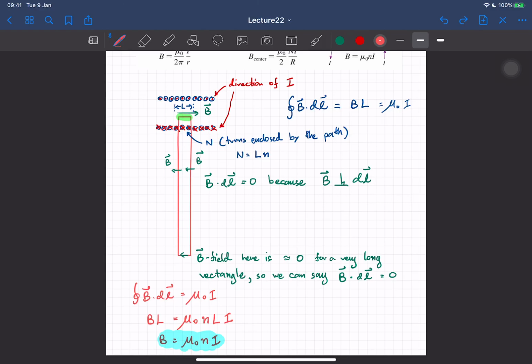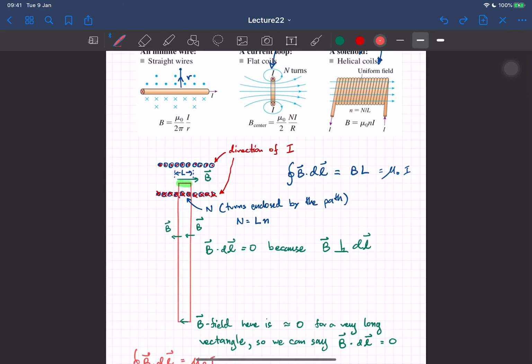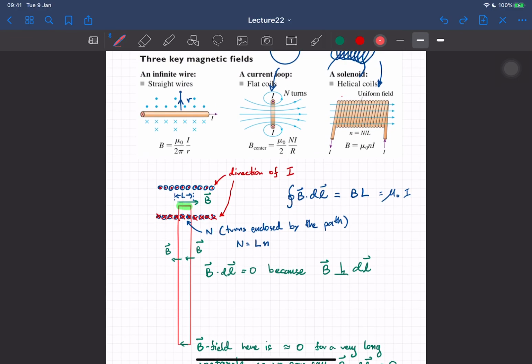So for example, if you have the whole solenoid 10 centimeters long, and in these 10 centimeters you have, let's say, 100 turns, then small n is 100 divided by 10. So it's 10 turns per centimeter, right? Not the total number of turns.